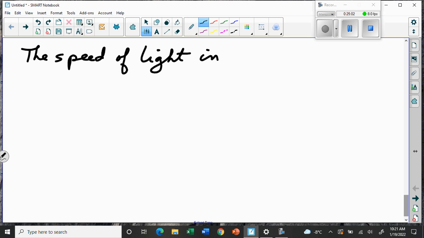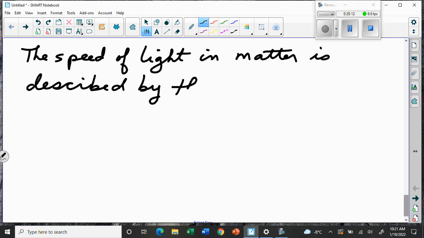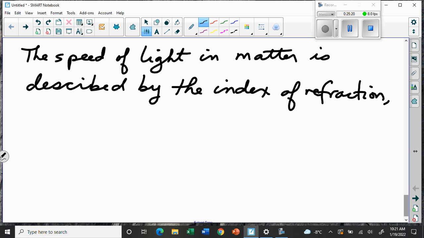in matter going through substances is described by something we call the index of refraction. The index of refraction, and we use a little symbol n for the index of refraction. Now, what exactly is it? Well, it's a comparison.